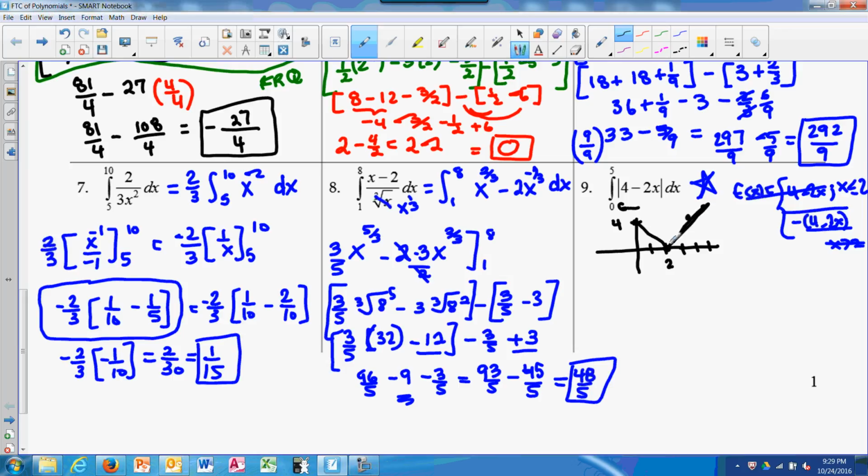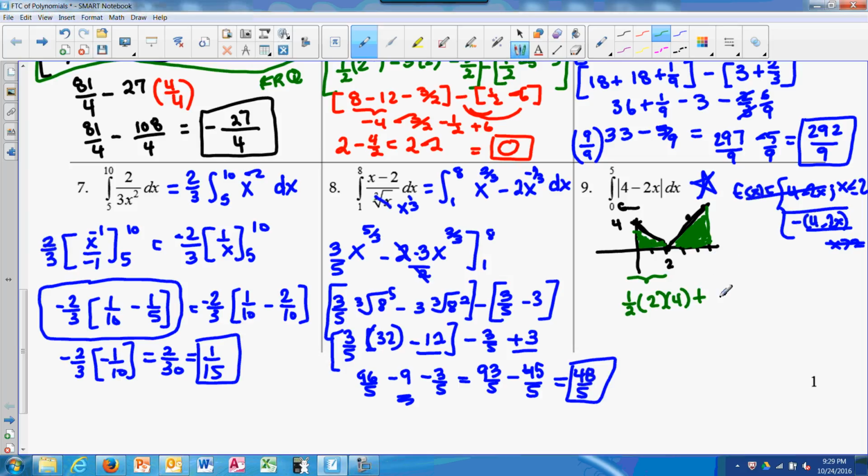Remember, a definite integral is asking for area. So the area we're looking for is the area from 0 to 2 plus from 2 to 5. So we can do geometry and get full credit on the AP exam for this question. So the first triangle, area is 1/2, the base length is 2, the height of this triangle is 4.